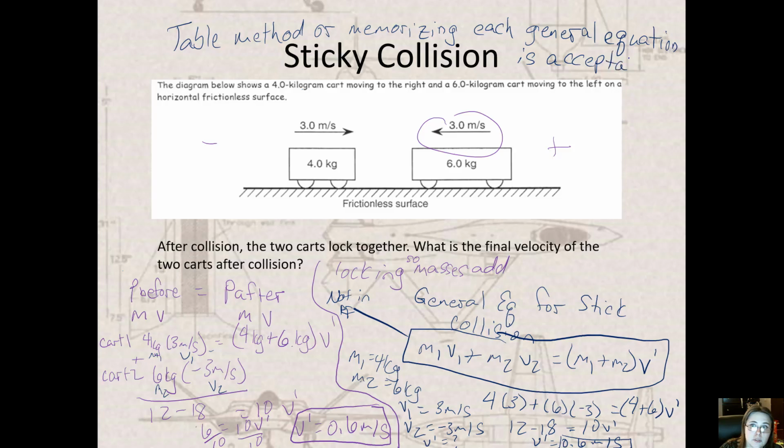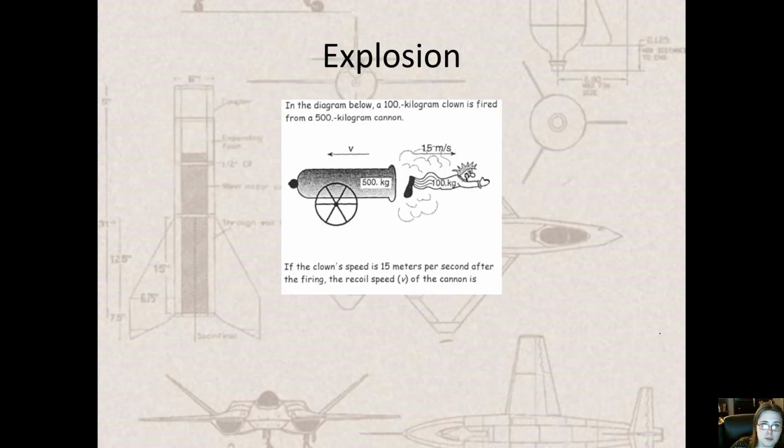It doesn't matter which way you do it. Just know that, again, this right here is not in the reference table. Okay? So then the last one is an explosion.